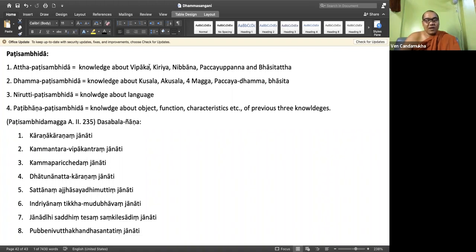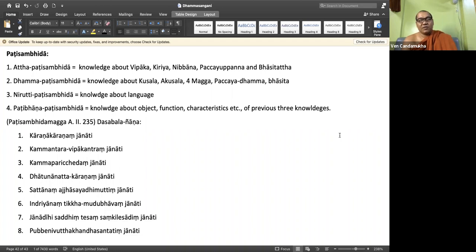So Patibhana, and then Patibhana Patisambhida. Patibhana is penetrating knowledge. It is the knowledge about the object, function, characteristic, etc., or the previous three knowledges. With the Patibhana Patisambhida, it is like the head of the four Patisambhidas, the three other Patisambhidas.